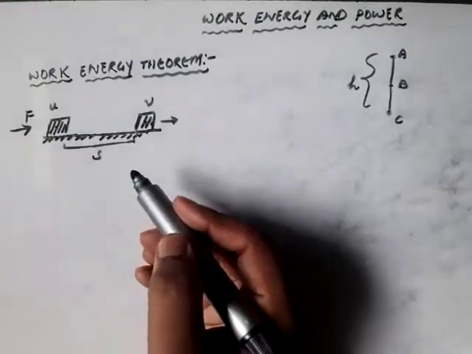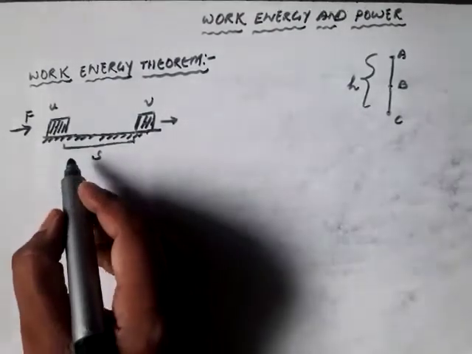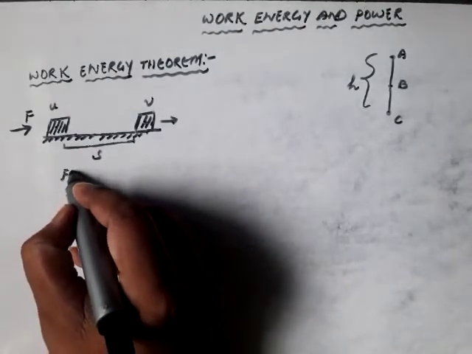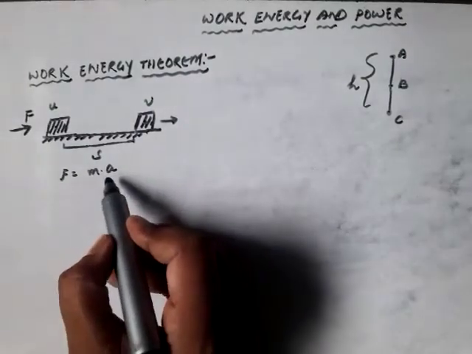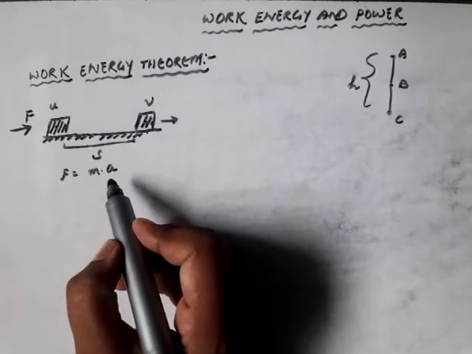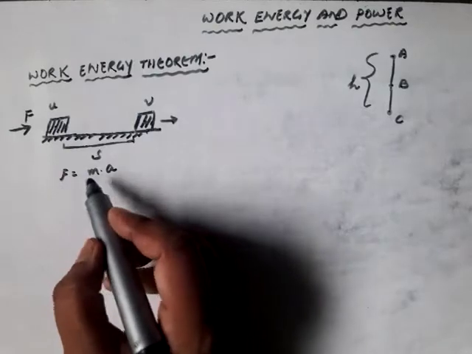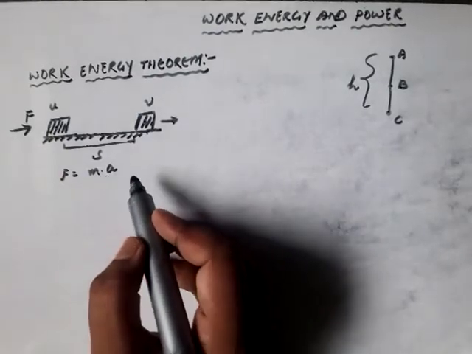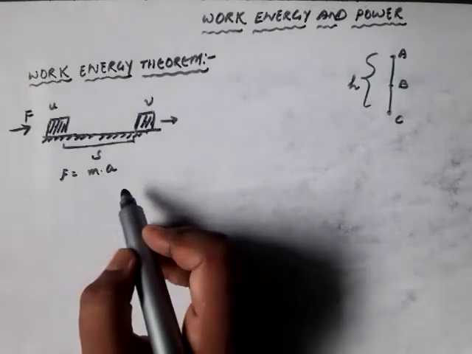So what we know about the definition of force is that F equals m into a, according to Newton's second law, that is, force is equal to the product of mass and acceleration produced in the body, and the direction of the motion is the direction in which the force is applied. So this is a constant force applied, F equals ma.